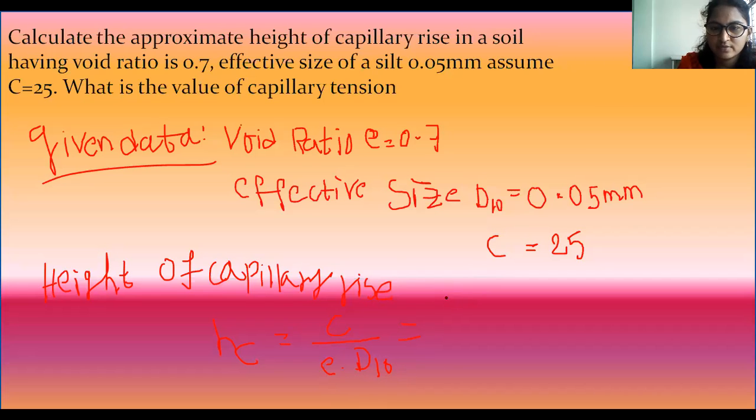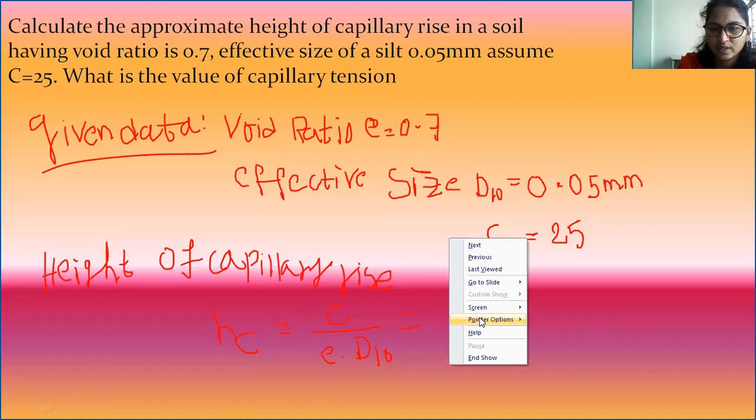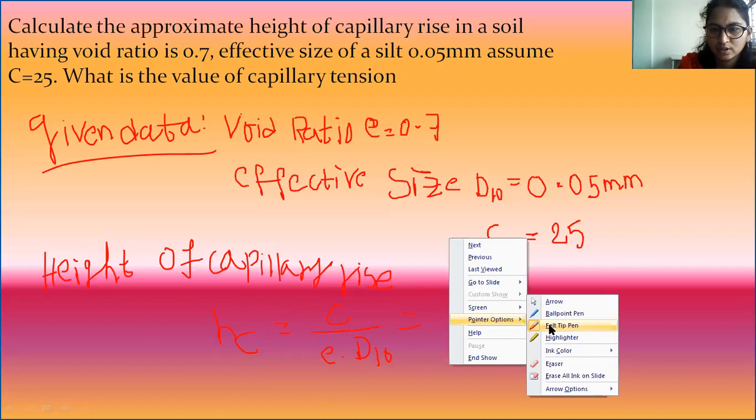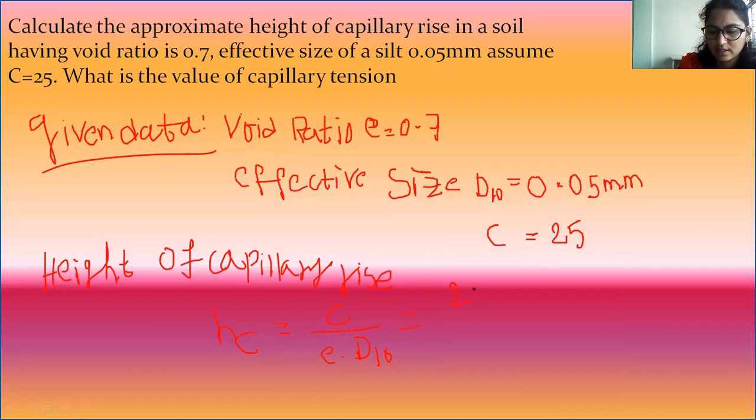What is the value of C? C is equal to 25 by, what is the value of e? The value of e is 0.7, into D10 is 0.05.